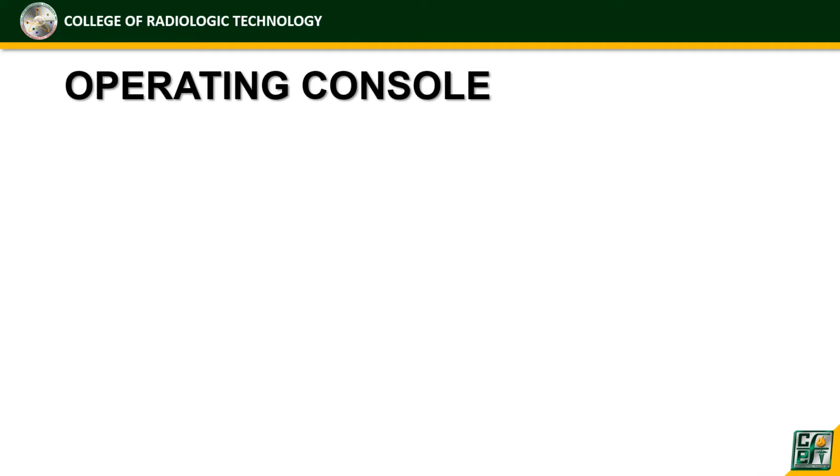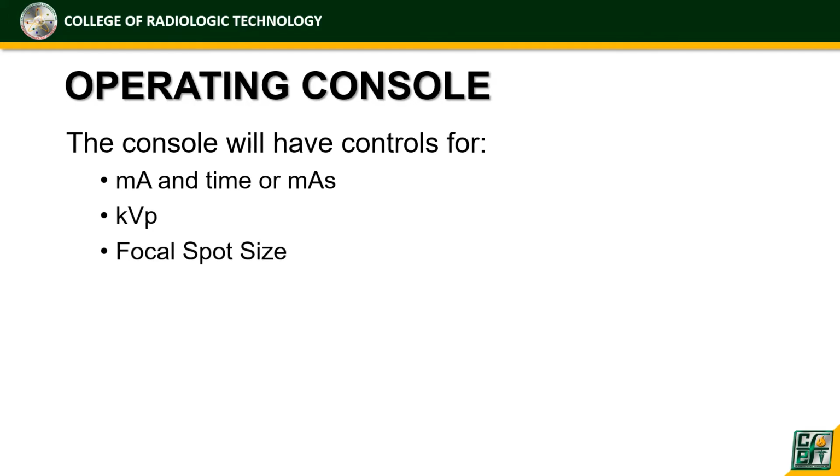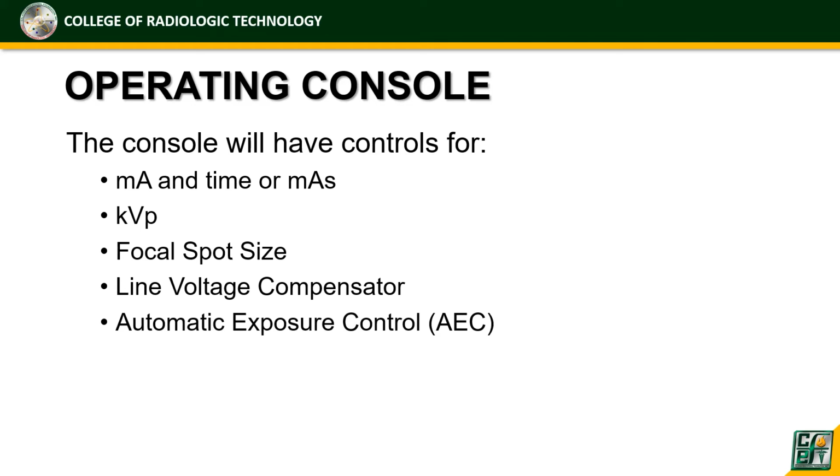The operating console, and of course the console will have controls for the following. So what are these, class? Yes, we have number one, the mA and time or mAs, the KVP, the focal spot size, the line voltage compensator, and of course the AEC or the automatic exposure control.